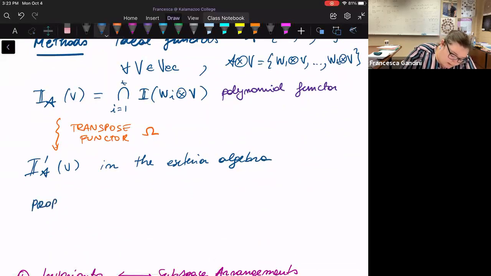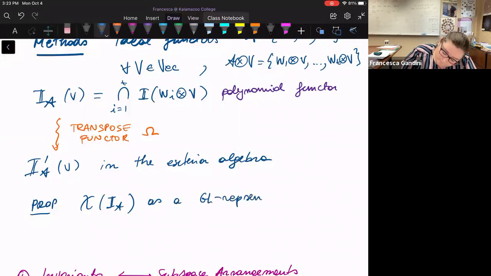And so here the proposition is that if the character of the ideal A, maybe I'll just do it independently from V, just to make it at the level of polynomial functors, so if the character of A as a GL representation is the sum of a_lambda s_lambda, and these s_lambdas are what we call the Schur functions.